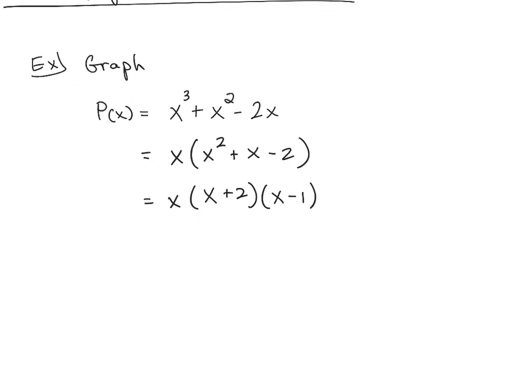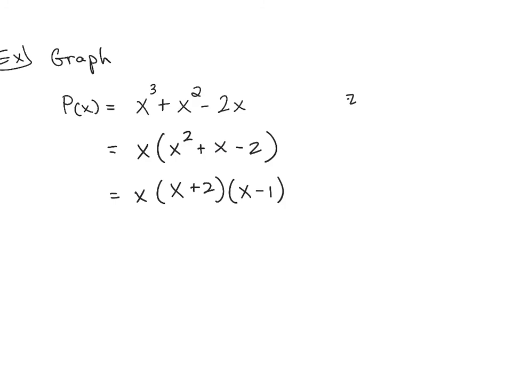So now that it's in factored form, we do exactly what we just did in the last two examples. We state the zeros. If they have multiplicity, we find the y-intercept and determine the degree. So the zeros are x equals 0 from that factor, x equals -2 from that factor, and x equals 1 from that factor.